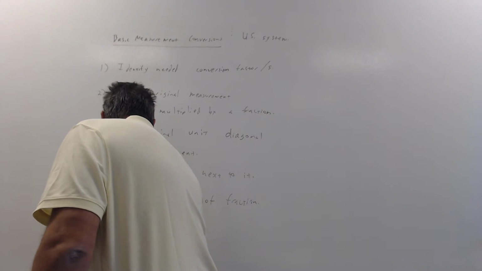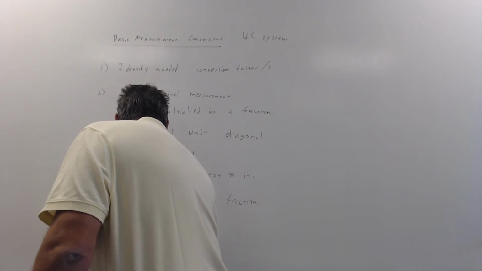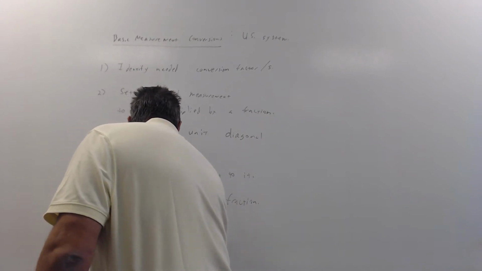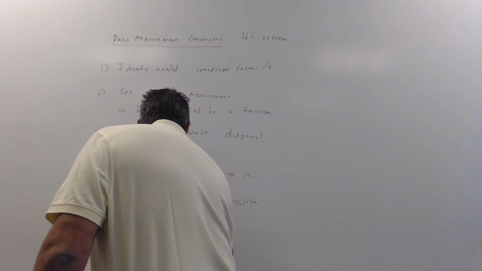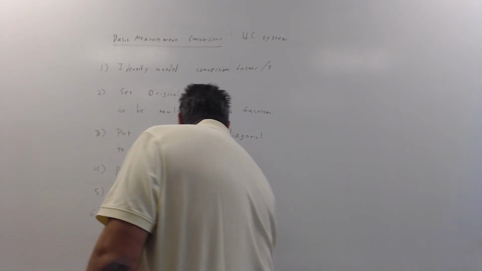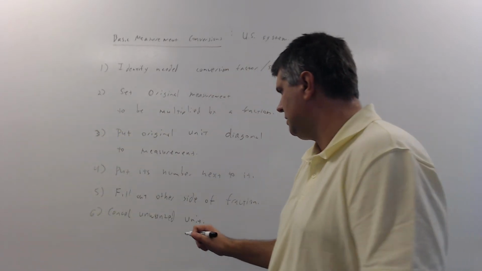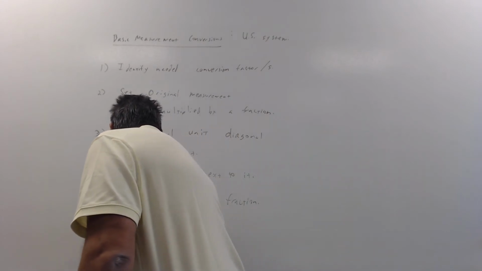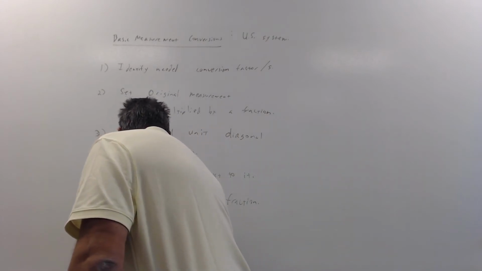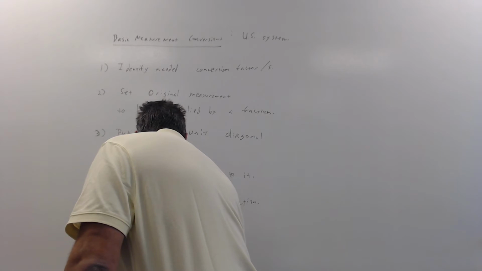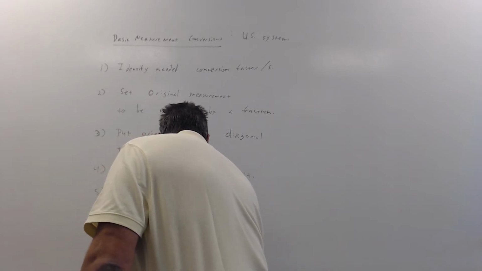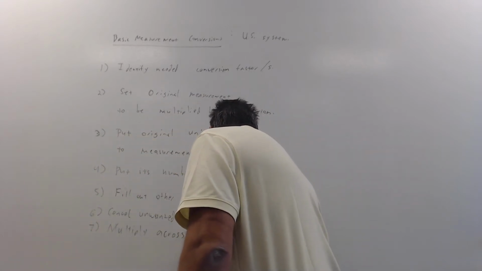Six, cancel unwanted unit. 7, multiply across and divide if appropriate.